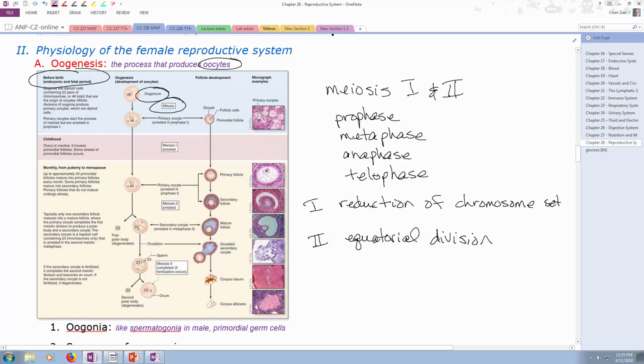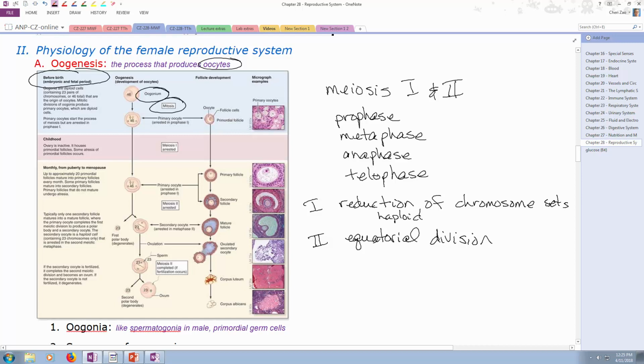Do you remember in mitosis, when we get to metaphase, we line everything up on what's called the metaphase plate, and we then pull apart the chromatids and take them to separate poles. That's what equatorial division is. And reduction in chromosome sets means that we're going to go into what's called haploid.